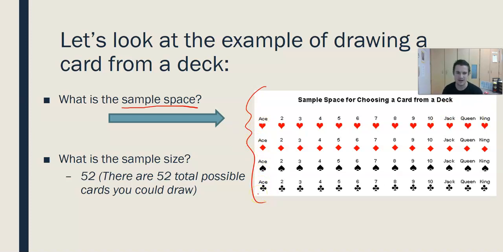That's my sample space. So what is the sample size? Well, the sample size would be 52 because there are 52 total possible cards you could draw. There's 4 different suits, and then there's 13 in each: 1 through 10, and then 11, 12, and 13. 13 times 4 is 52. There are 52 possible cards that you can pull from in a standard deck of cards.